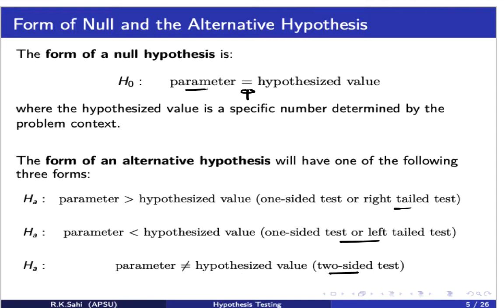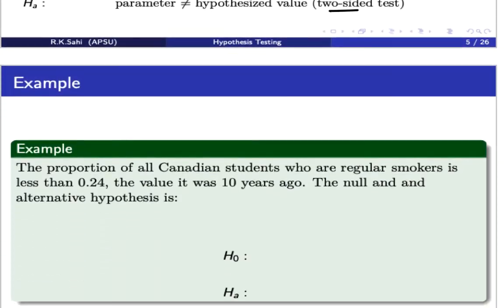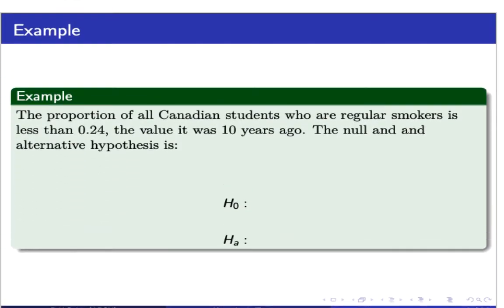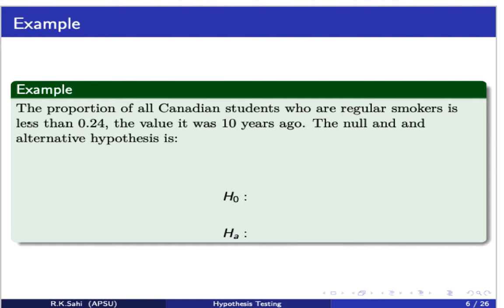So let's look at one example here. The proportion of all Canadian students who are regular smokers is less than 0.24, the value it was 10 years ago. What would be the null and the alternative hypothesis? Now remember, in the null and the alternative, we have to have a parameter. The parameter here is proportion.